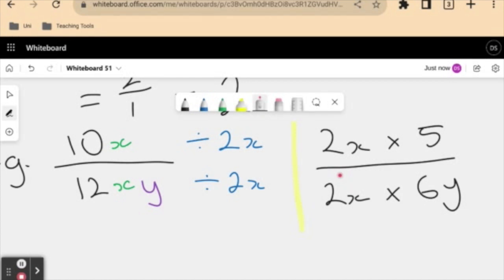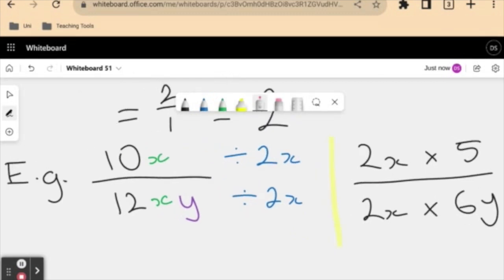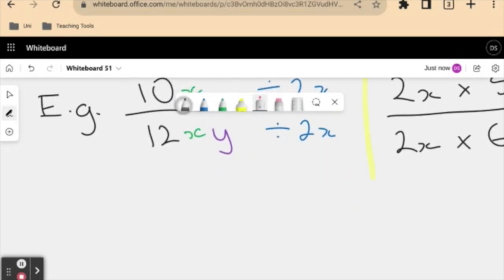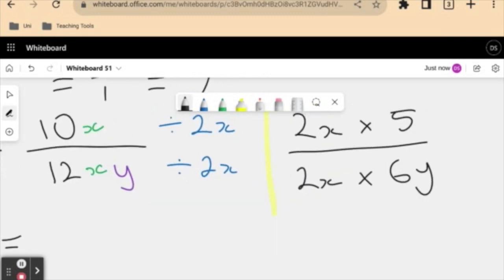Or we can just divide by both of these top and bottom just to get rid of them because they're a common factor. And in the end, we're trying to simplify. We're trying to get an equivalent fraction to this in its simplest form. So dividing top and bottom by 2x, well, we're going to get, like we saw here, these will effectively cancel out because this is like saying 2x over 2x multiplied by 5 over 6y. And 2x over 2x is just 1.